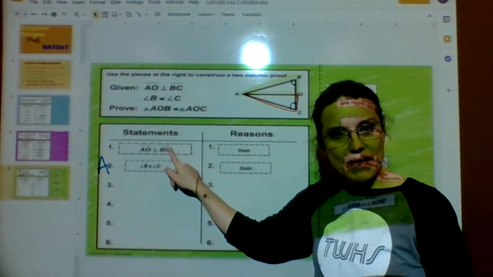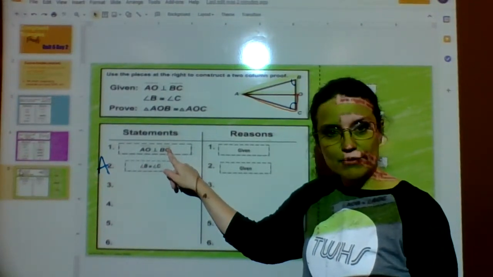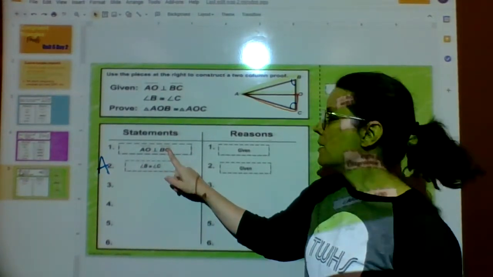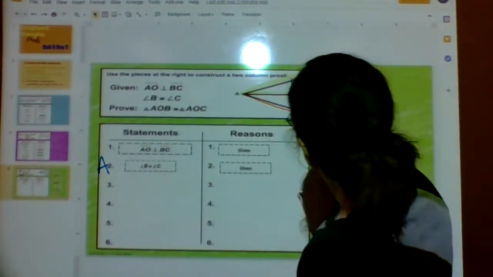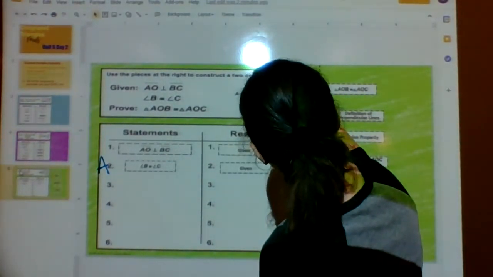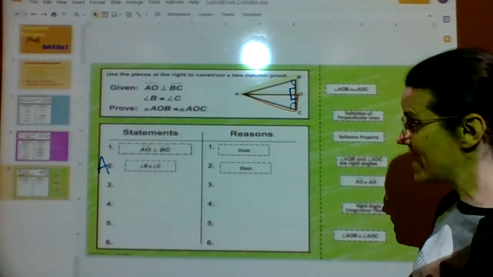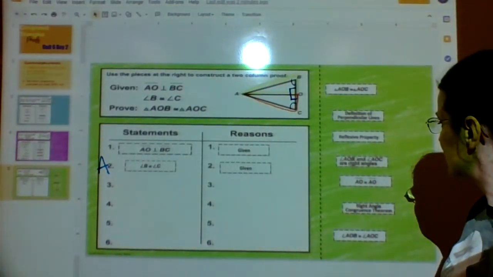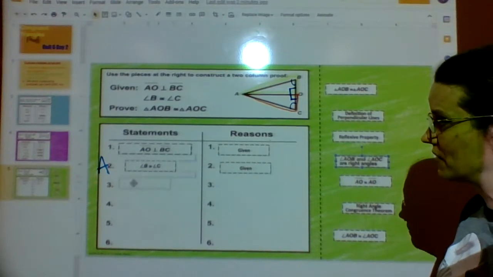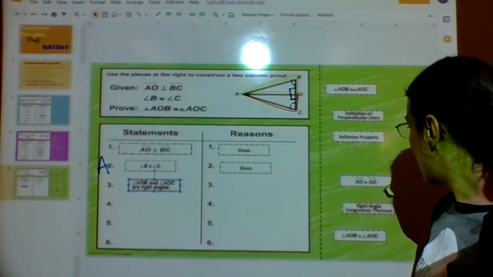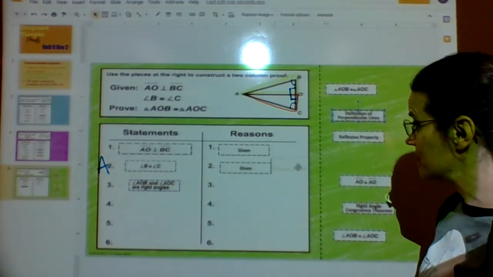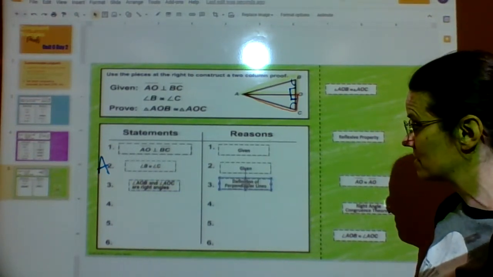Well, let's focus now on my other given. I was given that these guys were perpendicular. Perpendicular things make right angles. And so now I can say that this angle and this angle are both right angles. Okay, well, let's see. Oh, yep, angle AOB and angle AOC are definitely right angles because they are perpendicular. That's the definition of what perpendicular is.